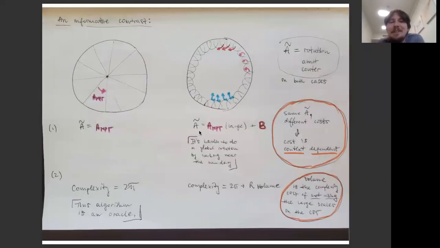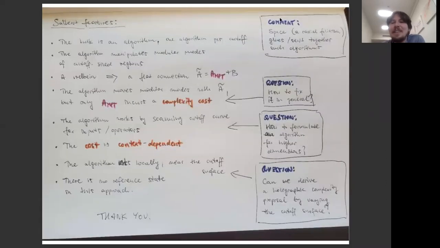So you might ask, what is the role of the bulk? That really goes to the core of the title of the talk. I tried to say it here with the comment. So the bulk is an algorithm. That's not really true. There is an algorithm for every cutoff surface, as I have said. Imagine a radial foliation of space by a bunch of non-intersecting cutoff curves, one inside another. Then you can ask, how do I relate one algorithm to another?